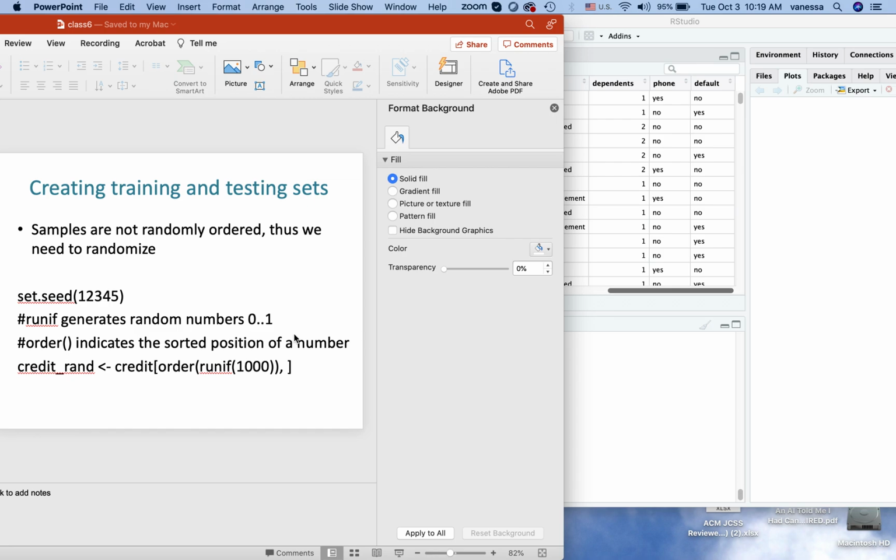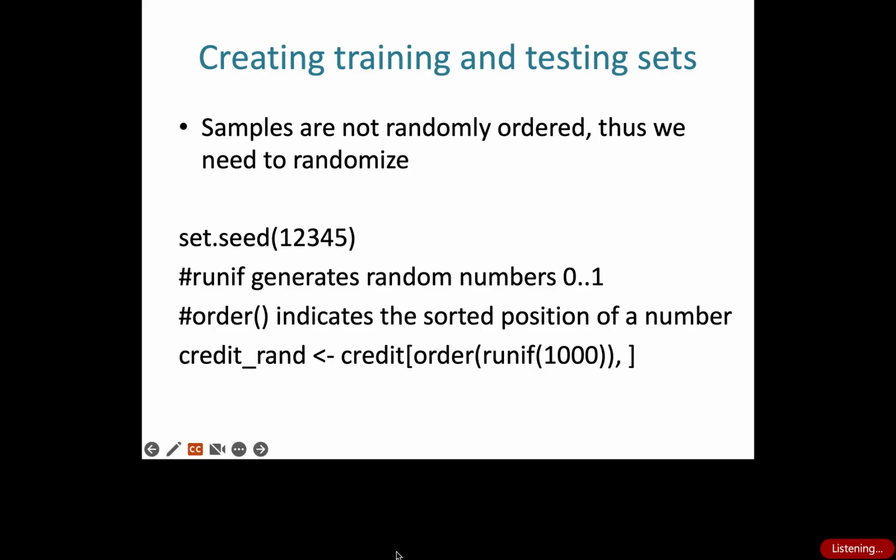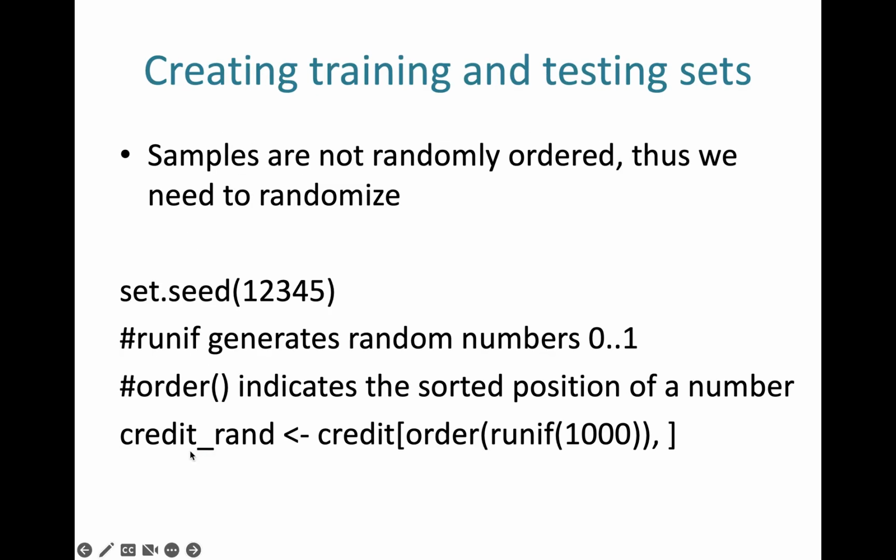So the next thing that we need to do, because as I was saying before, we want to train and test a decision tree, is to build the training and the testing data sets, right? Before we divide the data set into training and testing sub-data sets, we first need to randomize the data.